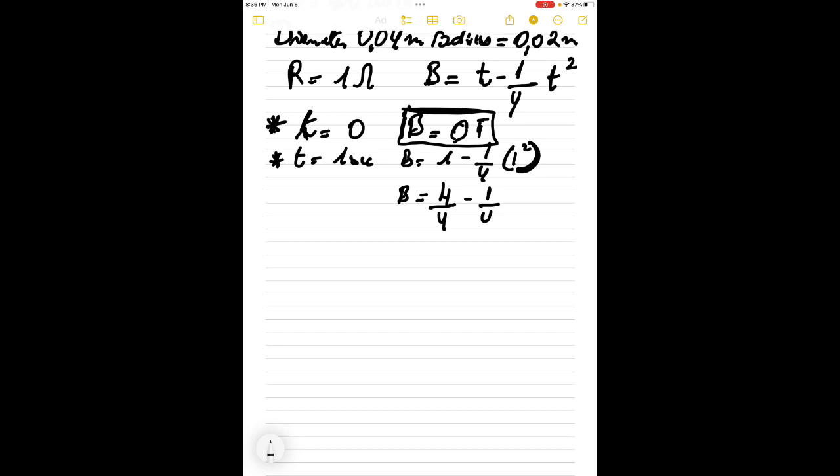So this one will cancel out, and one of the number of turns will cancel out.